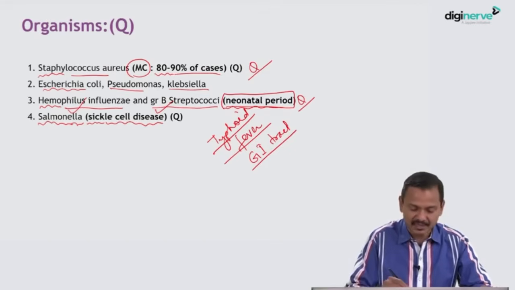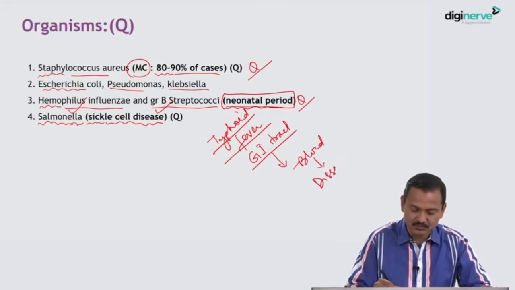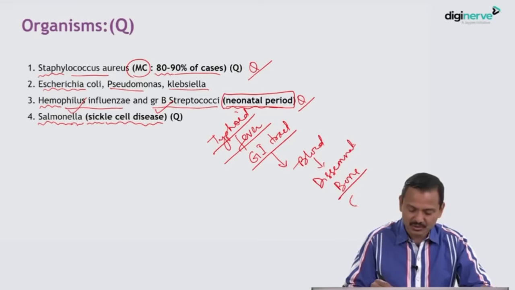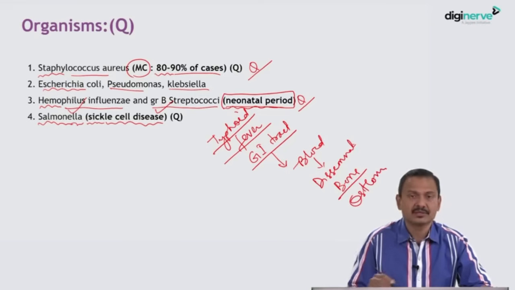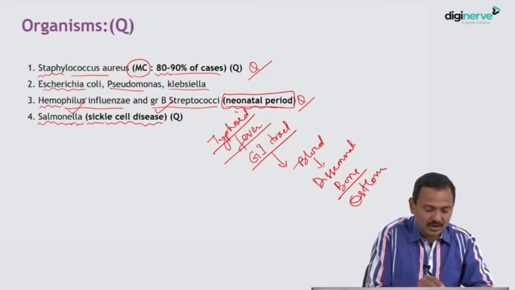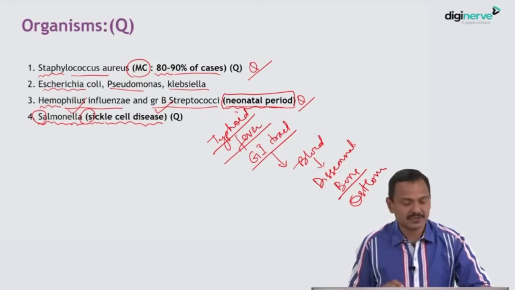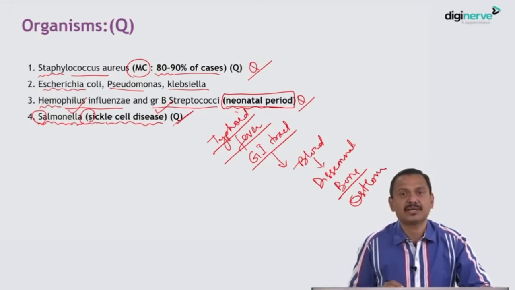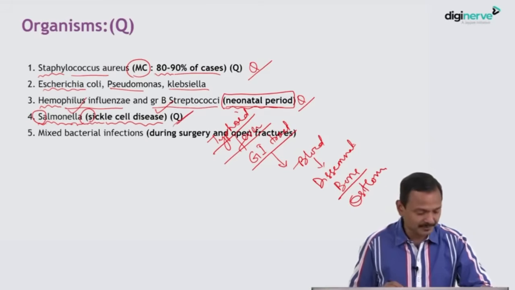As I have spoken about hematogenous spread, from the GI tract the infection goes to blood and disseminates to bone to cause osteomyelitis. So for S, you can remember Salmonella for sickle cell disease. That can be an MCQ type question.